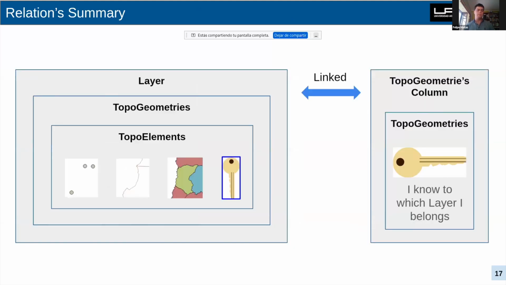To perform this, a topo element can also, as I didn't show before, represent a topogeometry from another layer. This is the feature we will use to build the provinces and regions. Each topogeometry also knows to which layer it belongs. So it's needed to create the topogeometry, but when it's created, we can use it globally.